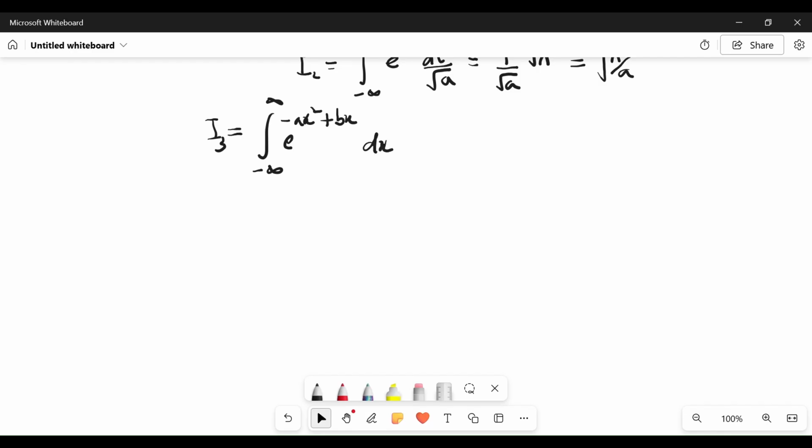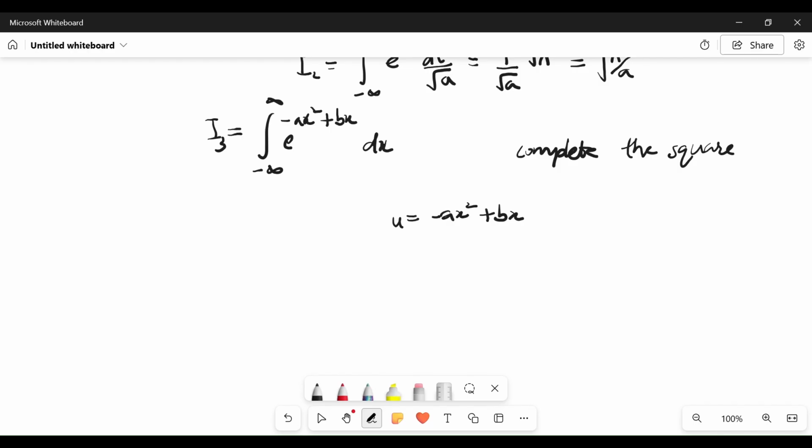To find this integral, what we have to do is complete the square. So basically, you can take some u to be minus ax square plus bx.